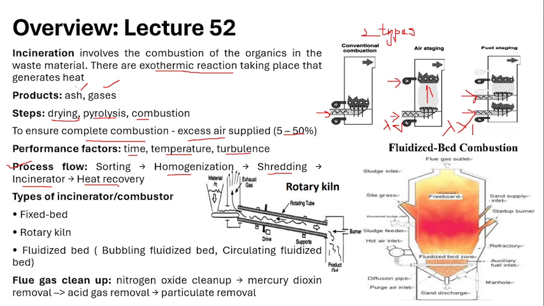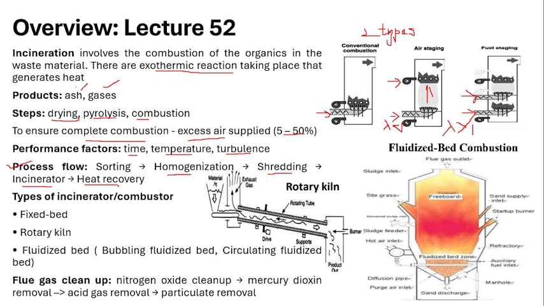Or the steam can be sent to industries which require steam during their process. So as industrial steam, or for electricity generation in boilers, we have to recover the heat energy produced during the incineration process.